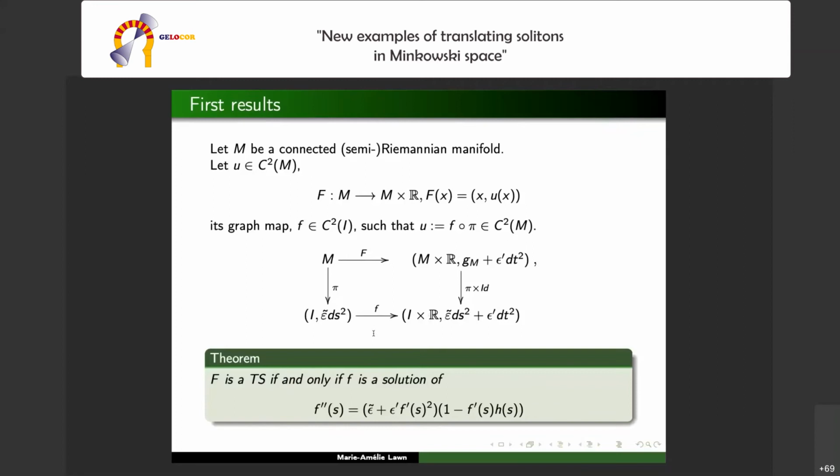So in the case where we have minimal fibers, we have an equivalence between a translating soliton upstairs and a translating soliton downstairs. I want to make a remark that I have restricted myself to the case where we have a submersion onto an interval. But actually, we proved this much more generally for any type of submersion with constant mean curvature fibers. It means that we don't need an open interval here. It's just that in that case, of course, we won't get an ODE. We'll get a lower dimensional PDE.